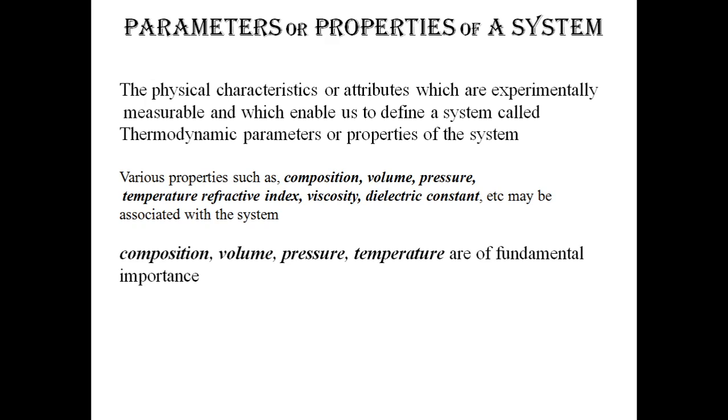Along with it, with the help of volume you can define the system. Pressure and temperature tell you the energy content within the system. Other than composition, volume, pressure and temperature, there are several other parameters, like refractive index, viscosity, dielectric constant, etc.